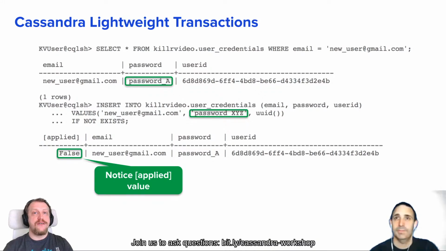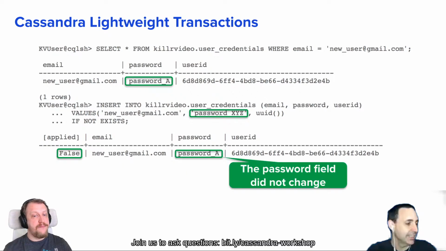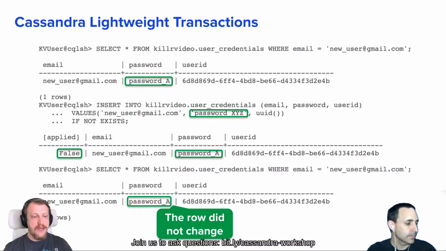The returned answer will be success, because a lightweight transaction doesn't lead to a failure. It's a successfully executed operation. But the value of the property applied will be false, because it was not applied. The password field didn't change. Then we are trying to read from this table for this user, and we see that the password was not changed.